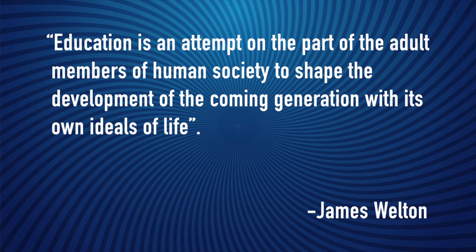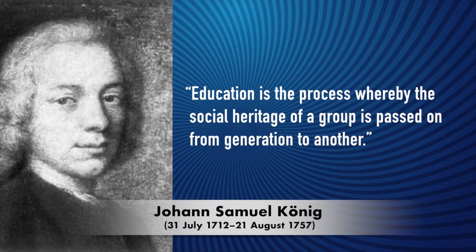According to James Welton, education consists in an attempt on the part of the adult members of human society to shape the development of the coming generation with its own ideals of life. As Samuel Koenig has pointed out, it is a process whereby the social heritage of a group is passed on from one generation to another generation.